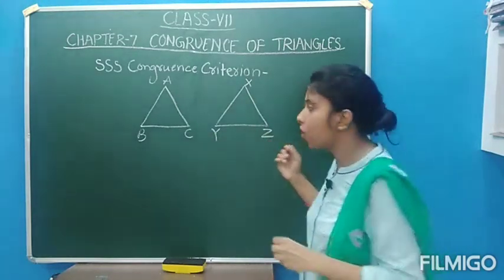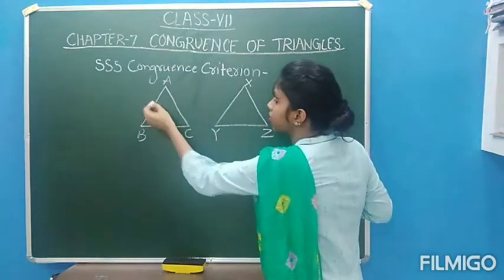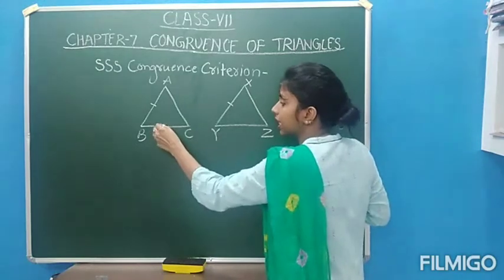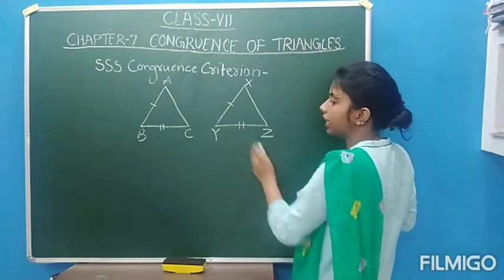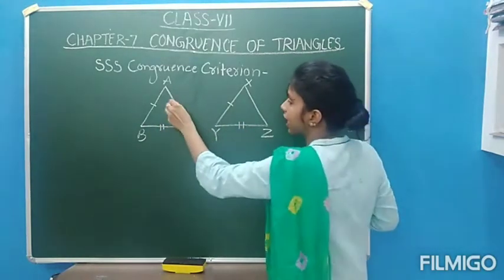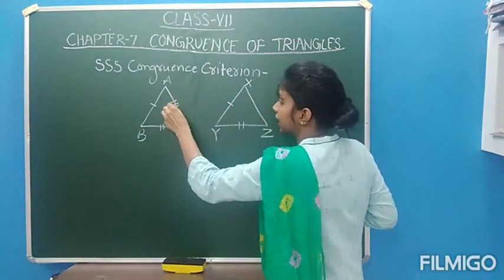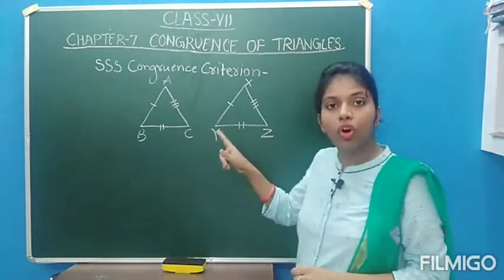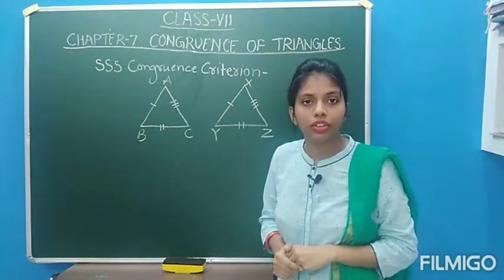Suppose we take AB equal to XY and BC equal to YZ, and the third side AC equal to XZ, then we call them congruent.